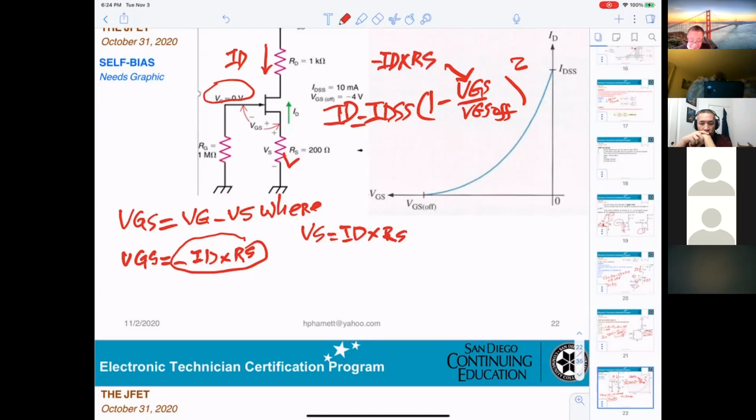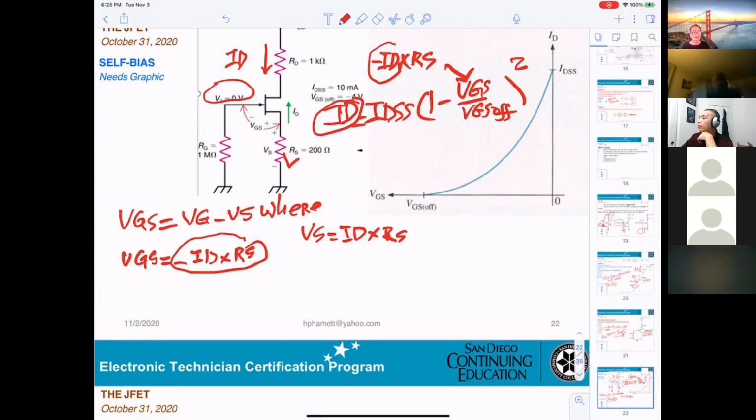So now the equation has the unknown ID on this side, and on the other side you also get ID. So you cannot solve it easily. It is very hard to solve this equation.